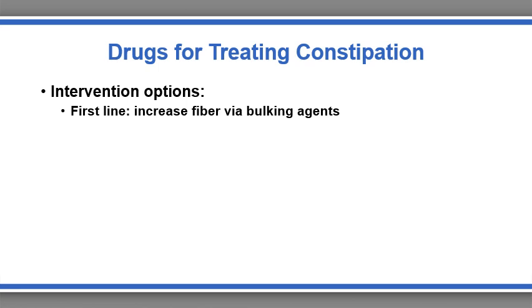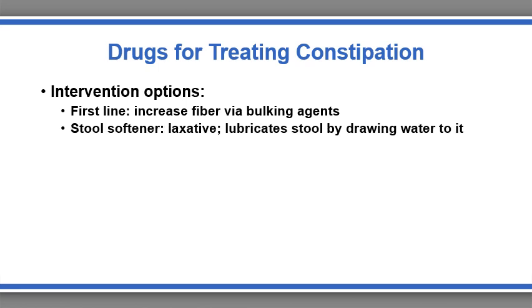You want around 20 to 35 grams of fiber in the diet. If they're having trouble getting fiber in the diet, there are over-the-counter fibers that individuals can take. For instance, Metamucil is one example of a bulking agent that people can take, and the textbook gives some examples of those.